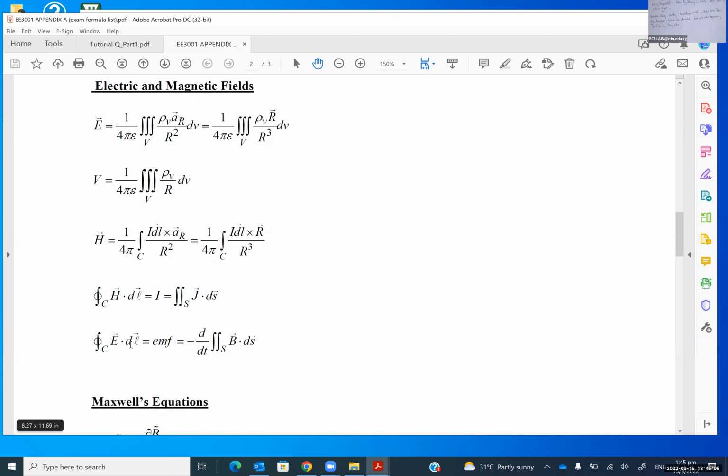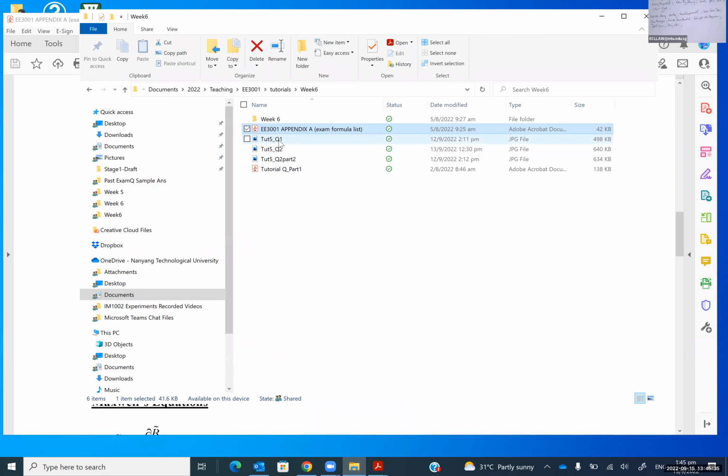Remember, the voltage created is due to time varying flux. It's like a battery in your circuit that is created because of time varying flux. Now we're going to use the equation to solve. Let me show you my solving.